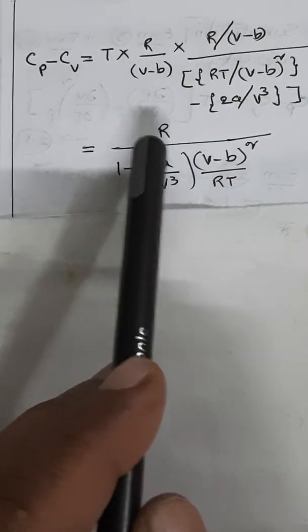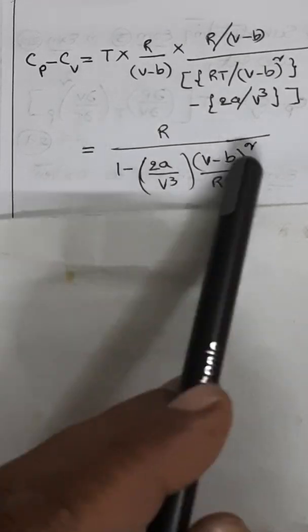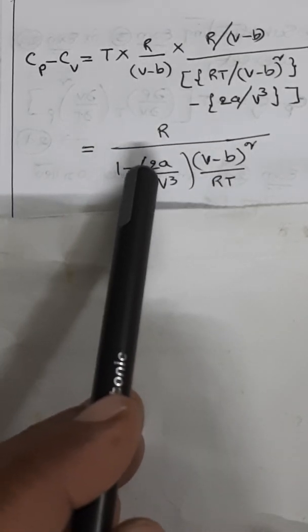Further simplification helps us arrive at Cp minus Cv as R by [1 minus 2A by V cube into (V minus B) whole square by RT].